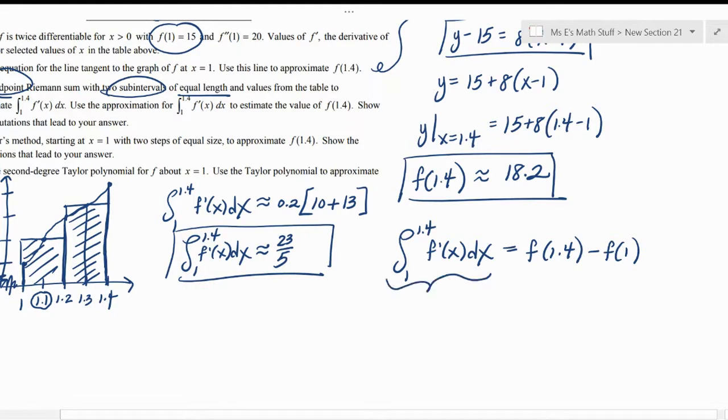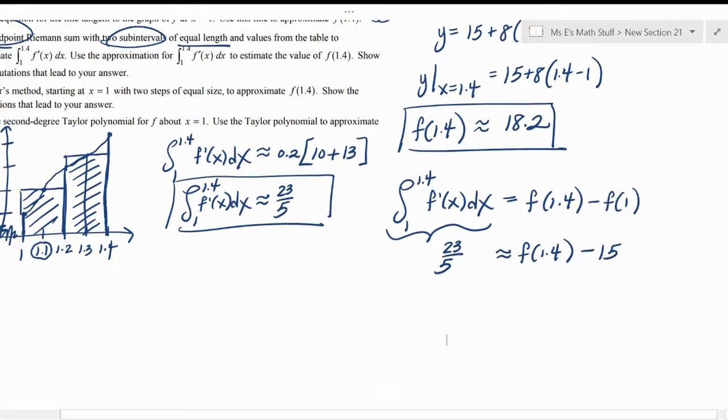And so this integral on the left side is that approximately 23 over 5 that I found. And f of 1.4 is what we are approximating. And f of 1 was given to us in the original write-up as 15. So I would just add the 15 to both sides to get my approximation for f of 1.4. So it would be 15 plus 23 over 5. What is that? 4 and 3/5.